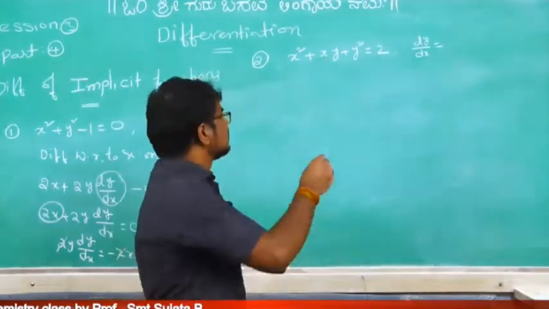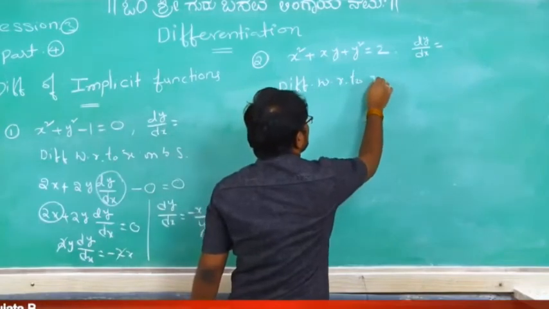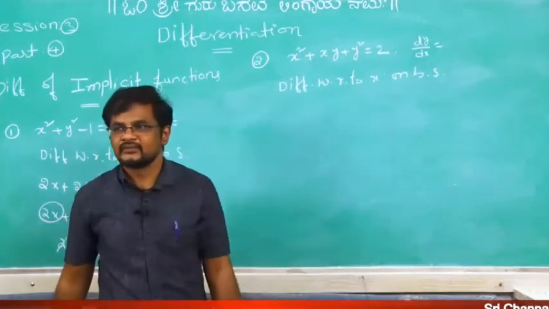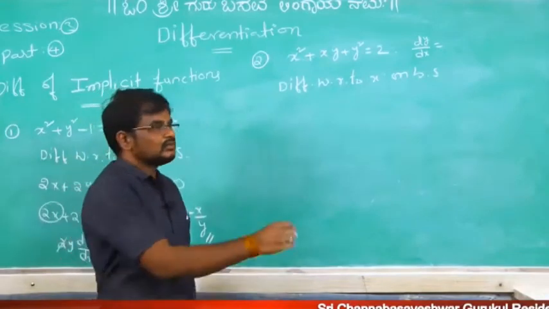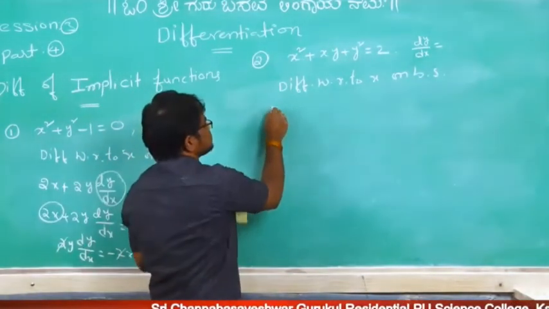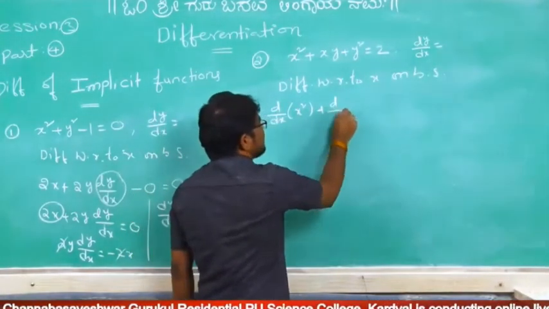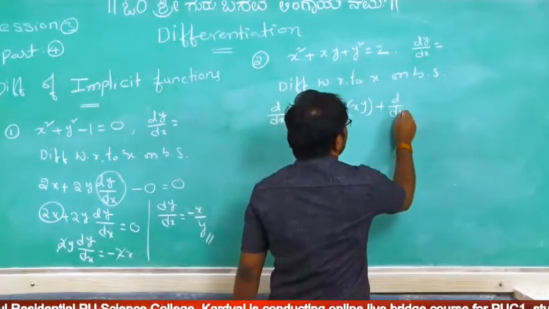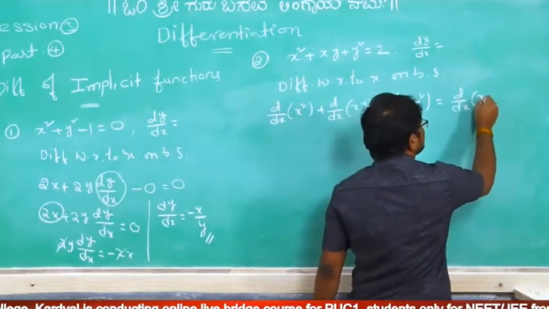Now write down, differentiating with respect to x on both the sides. Now differentiation of x square is 2x plus, if you want you can write like this also, d by dx of x square separately, d by dx of xy, plus differentiation of y square and differentiation of 2.